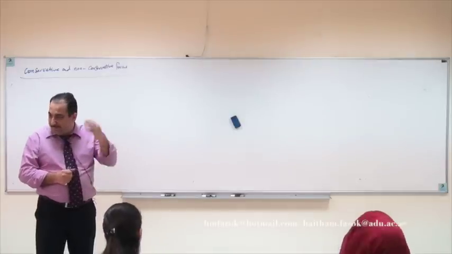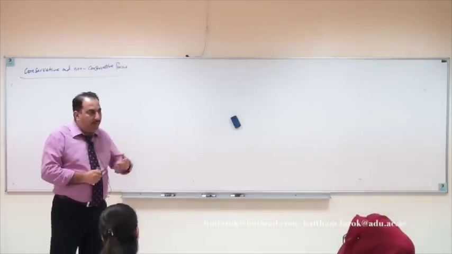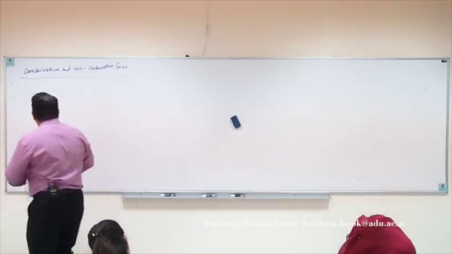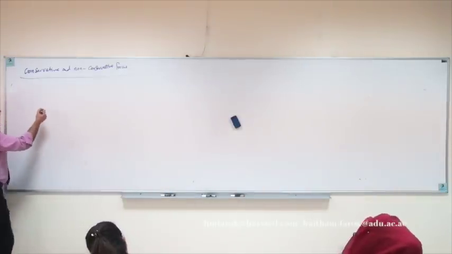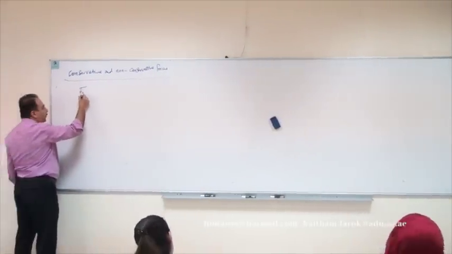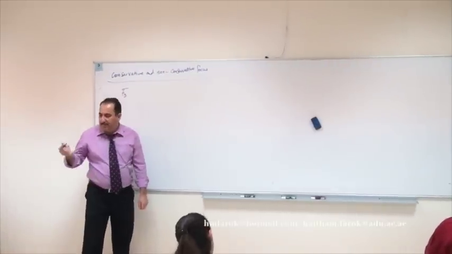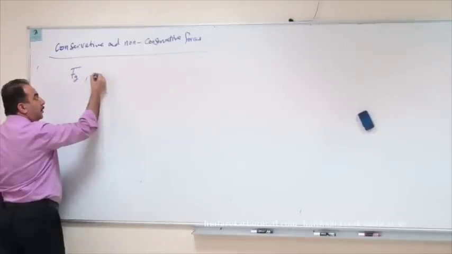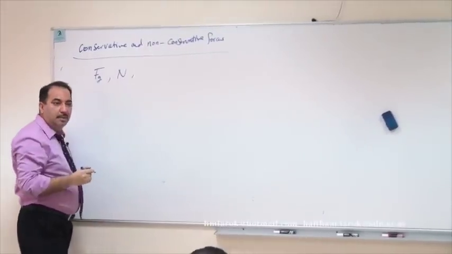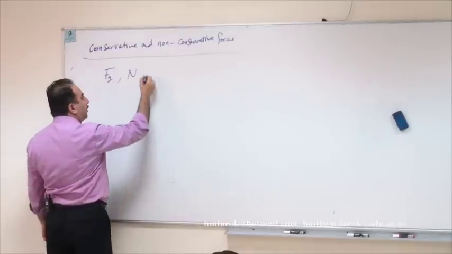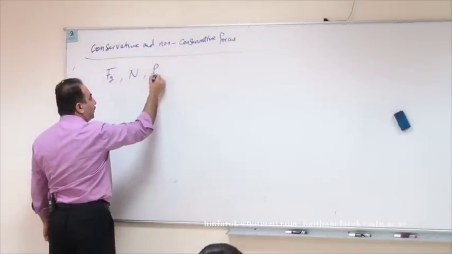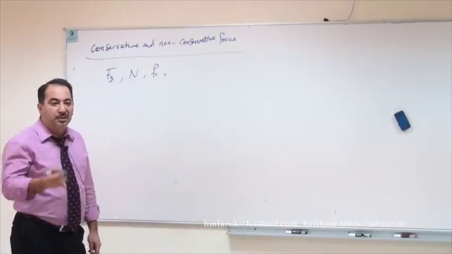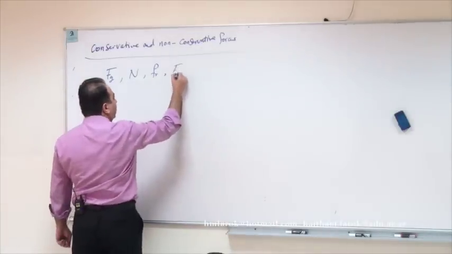So I list them, the forces we dealt with, and then we decide which one is conservative, which one is non-conservative. So the first force is gravity, F sub g. Yes? The other force, maybe normal force. Friction force. Tension force, F sub t.